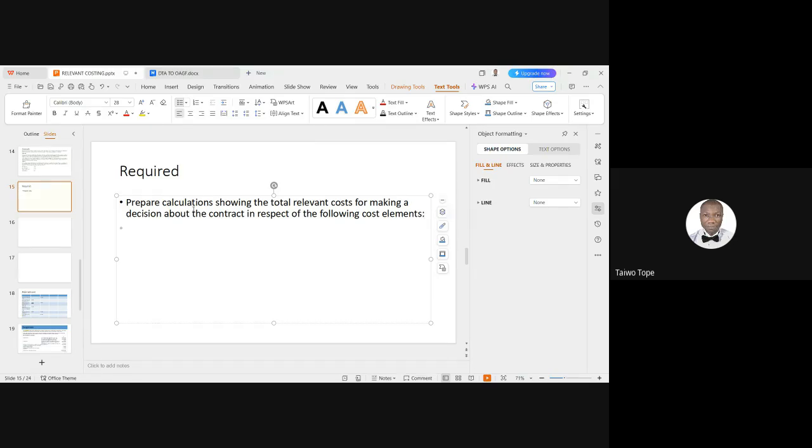What are those cost elements? Material K and L, and skilled labor.